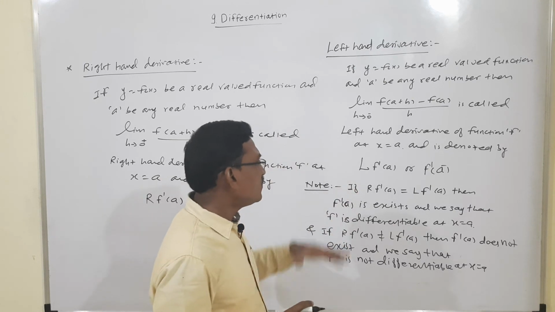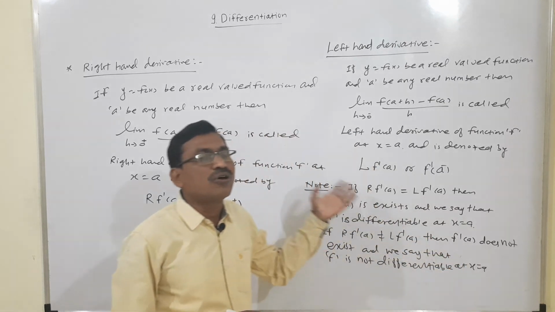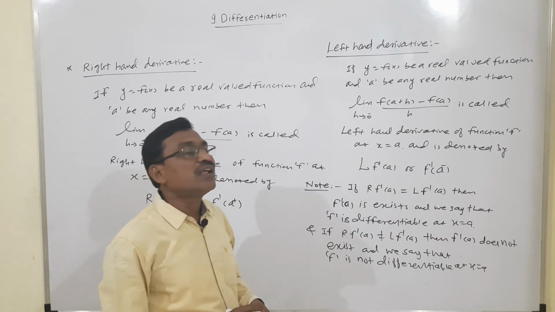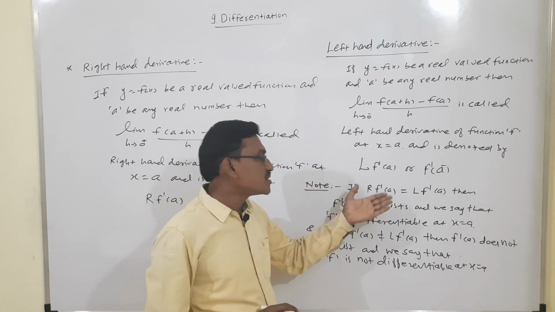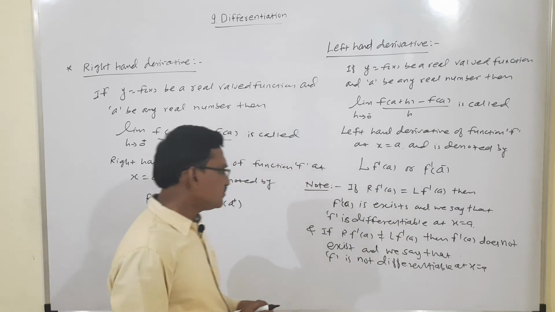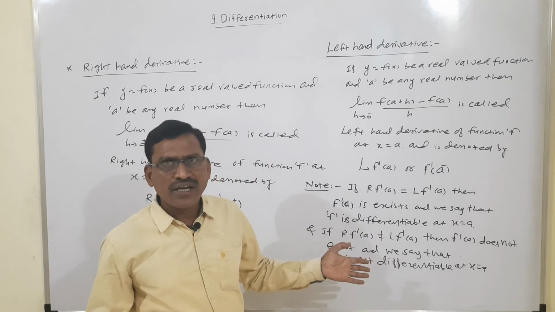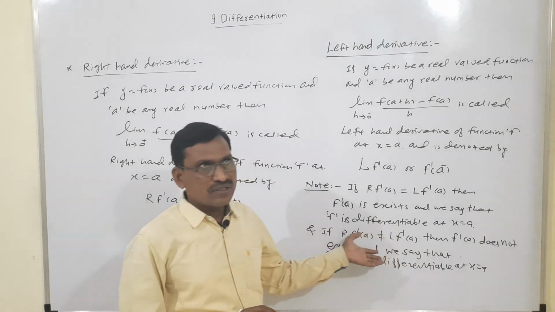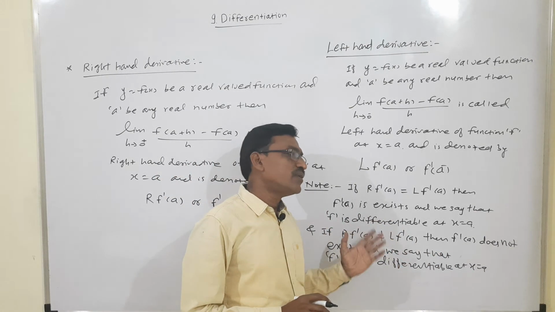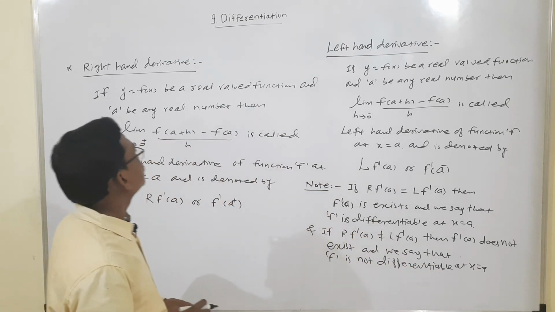In the same way, if the right hand derivative of that function equals the left hand derivative, then we say that the function is differentiable at x equal to a. If the right hand derivative is not equal to the left hand derivative, then the derivative does not exist, meaning the function is not differentiable at x equal to a here.